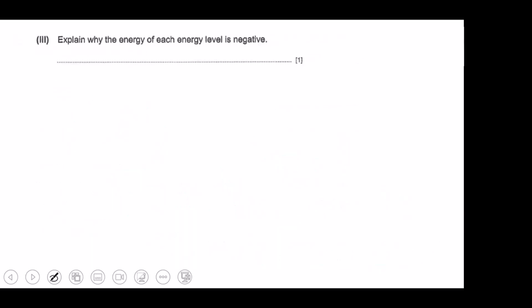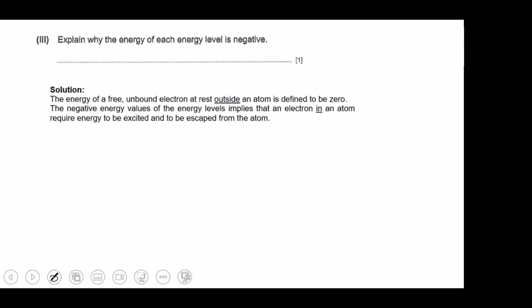Okay, part 3, they ask you to explain why the energy of each energy level is negative. So this is only a 1-mark question, right? So we can talk about a free electron, an unbound electron. The energy is defined as 0, this by sign convention, right?